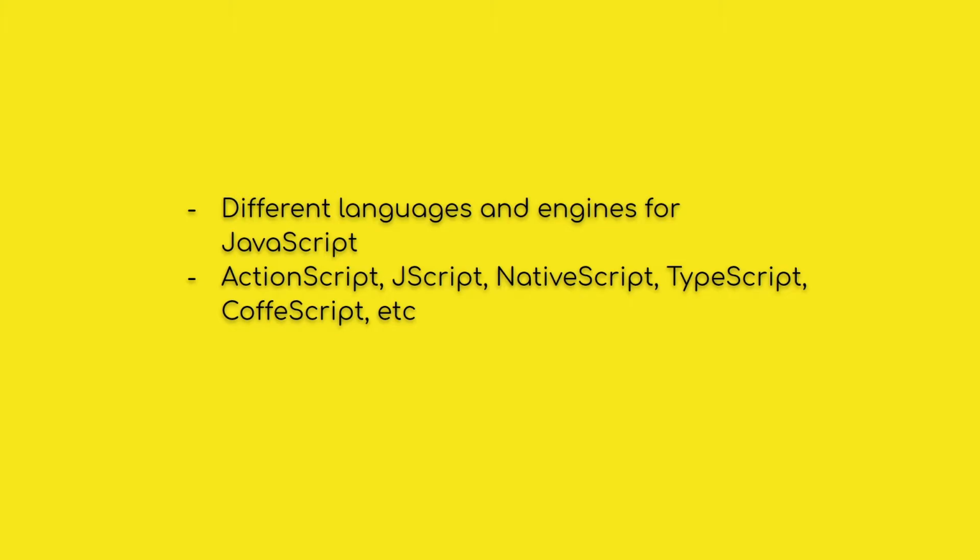At the end, those languages were compiled into JavaScript and used inside the browser. So there were different languages available, a number of languages and engines at that time, and there were no standards to follow.